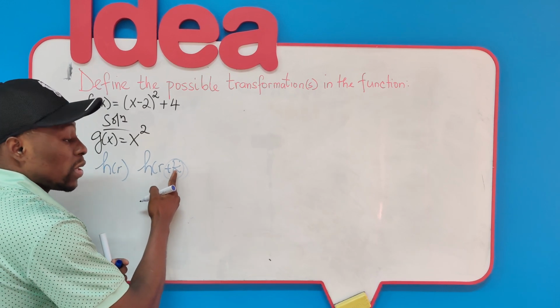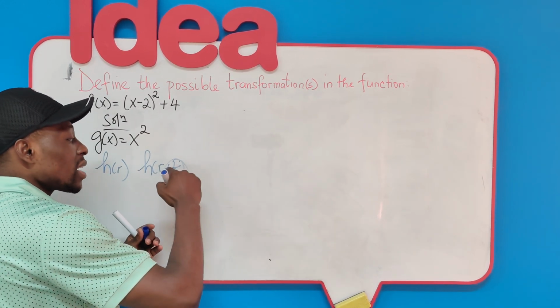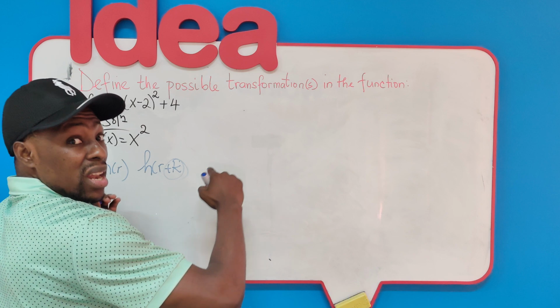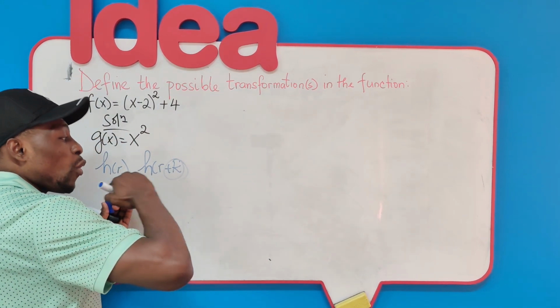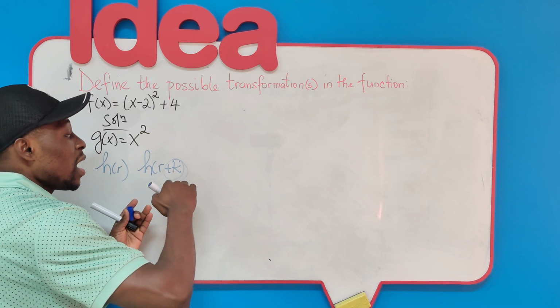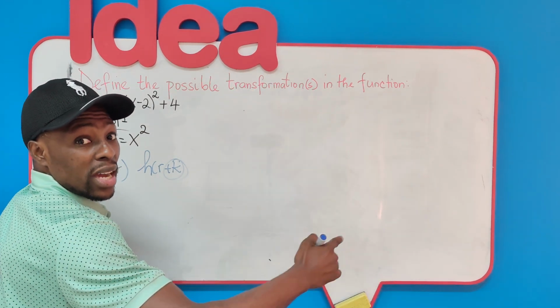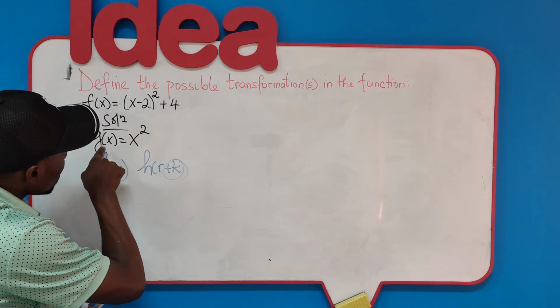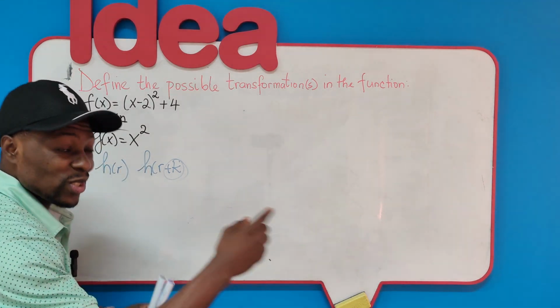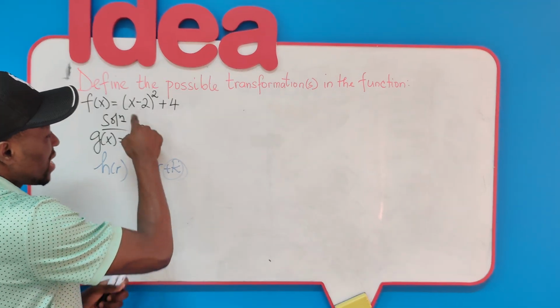If k is positive, then we have a horizontal translation by k units to the left. But if k is negative, then we have a horizontal translation by k units to the right. Now, how do I make my supposed original function look like this?